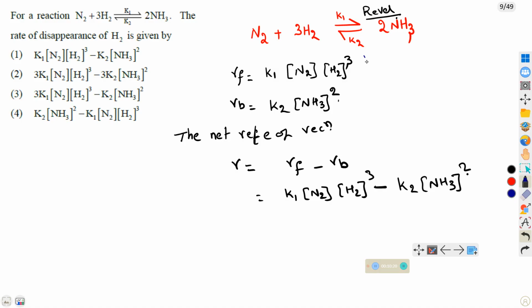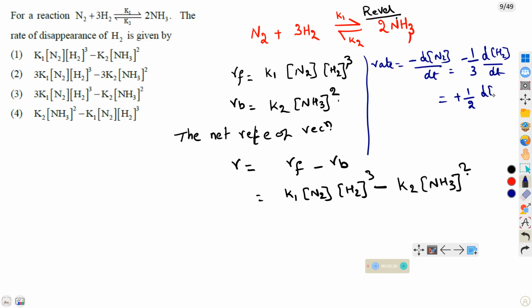Now write a rate for this equation. Rate is equal to minus dN2 by dt, is equal to minus 1 by 3 dH2 by dt, is equal to plus 1 by 2 dNH3 by dt. Now the thing is disappearance of H2. With respect to H2, in the place of rate, write minus 1 by 3 dH2 by dt.